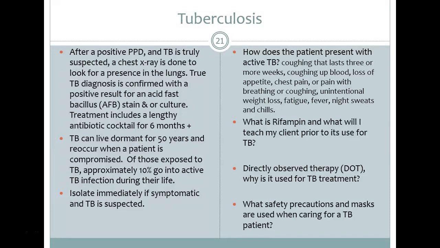This is a place where we actually can have them stay, and we have DOTs for TB treatment because it is mandatory that patients go through the treatment, because it can be a health nightmare for the government and can kill millions of people if it were to come out and start to spread.